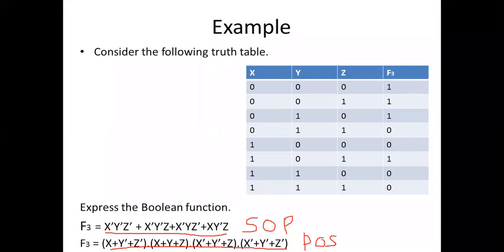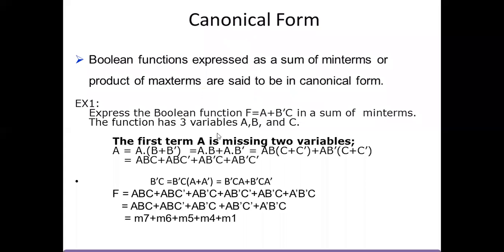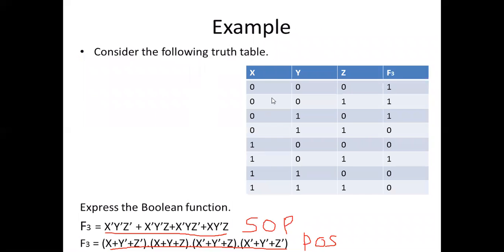If you are asked to express f3 in canonical form, it means either as SOP or POS. So this is how, for a given function by the truth table, we represent that as a Boolean function.